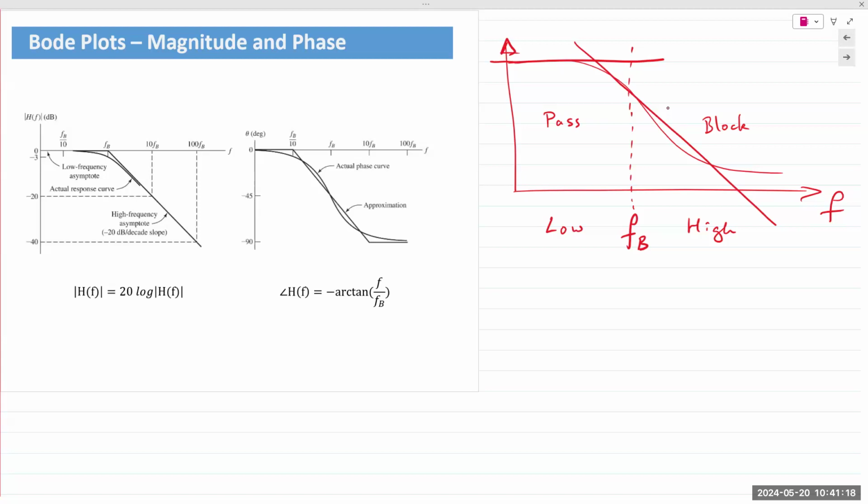Decreasing value. Now, if you look at this diagram on the left, this is the low frequency asymptote, and this is the high frequency asymptote.